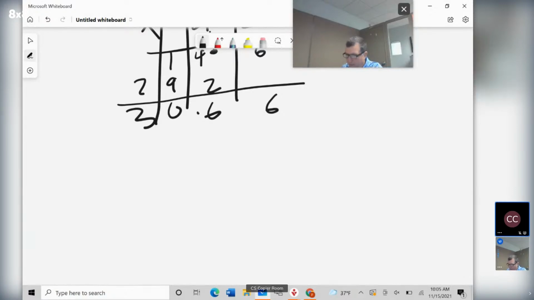Okay. So I want to do a couple word problems that are going to do multiplying decimals just so you guys get used to it, because there will be some word problems on the test.